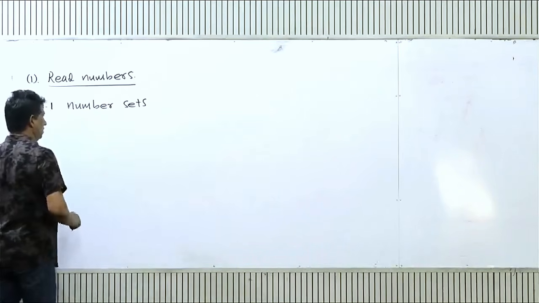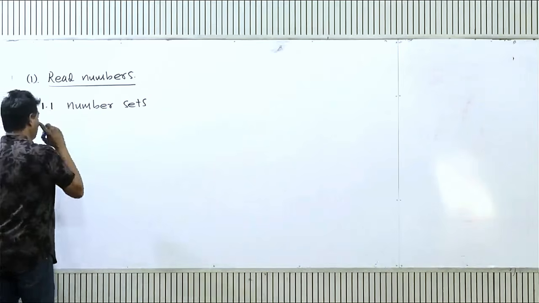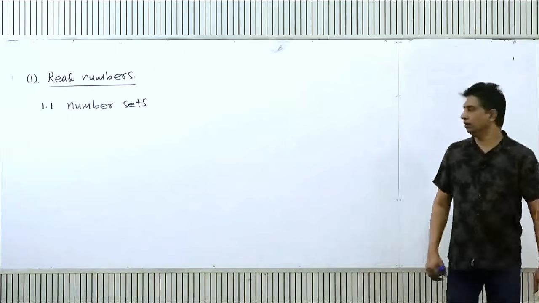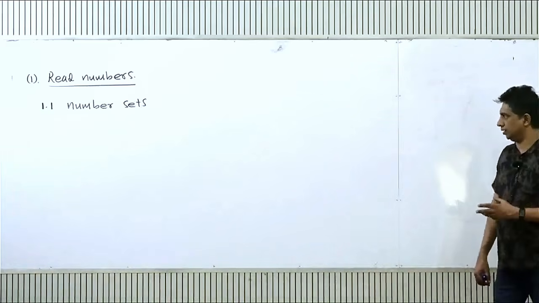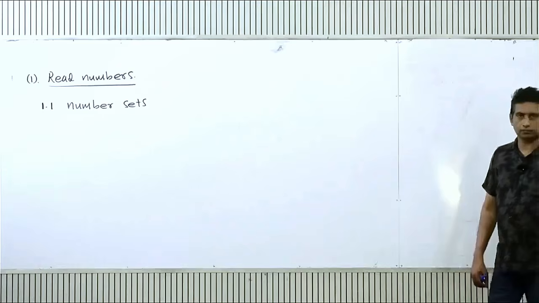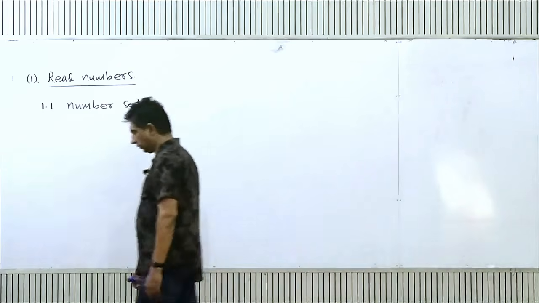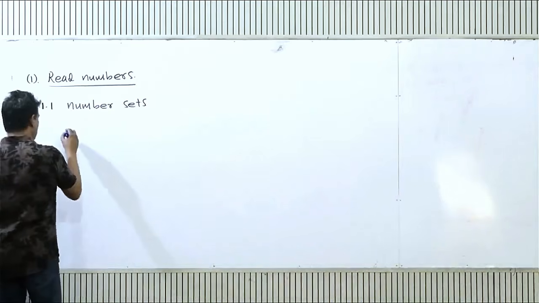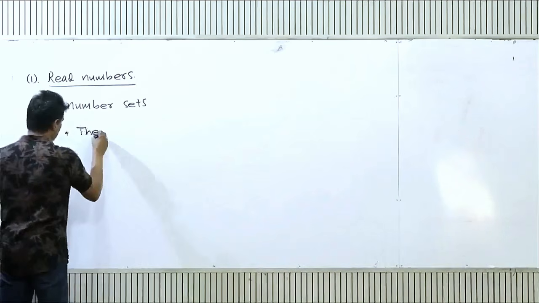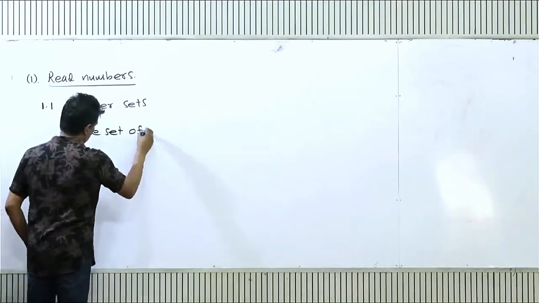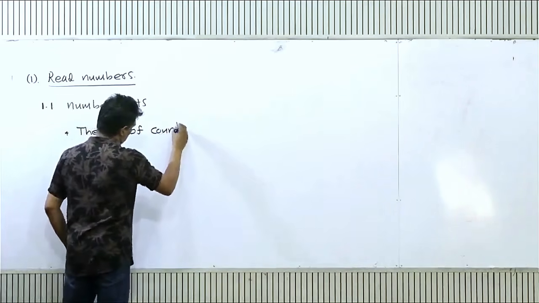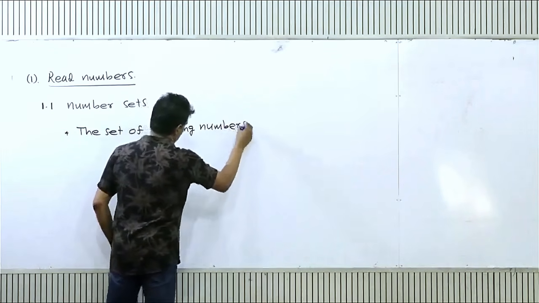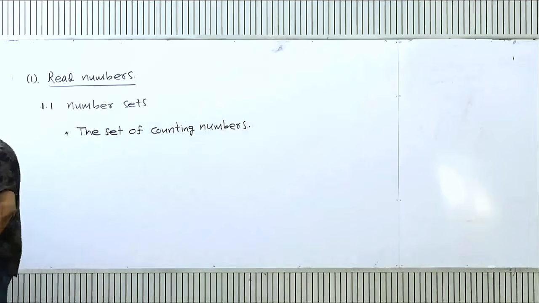Under this subtopic, number sets, we have to study 6 types of number sets, right? First one, the set of counting numbers.